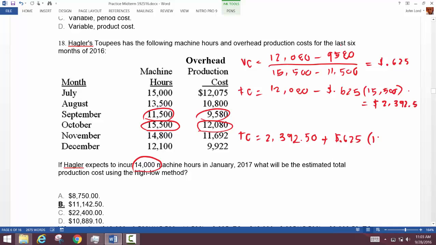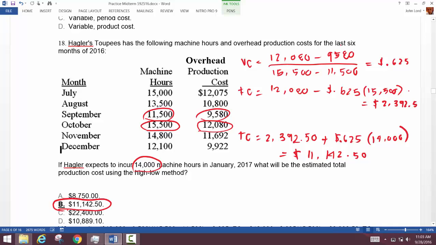Good, 14,000 units. Nice. And that gives us now what? 11,142.5. Okay, good. So that's our total cost, isn't it?